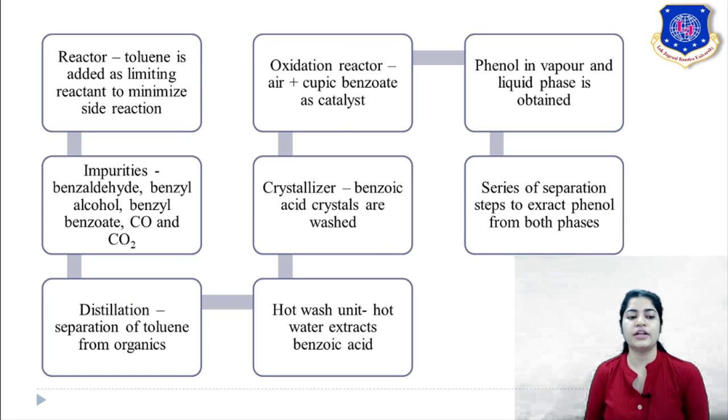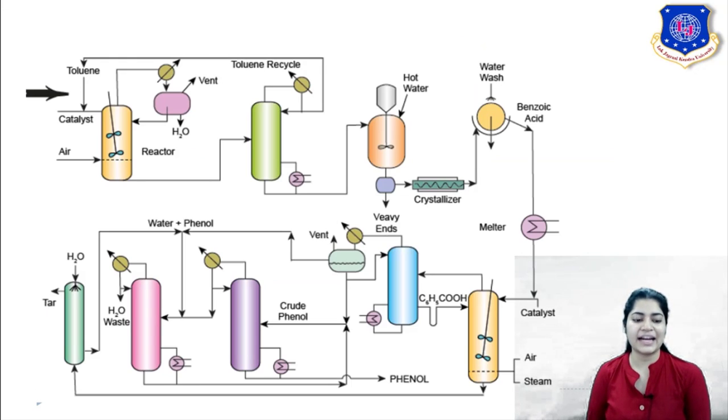First of all, in your reactor, you're keeping toluene as the limiting reactant so as to minimize the side reactions. Limiting reactant means when your reaction proceeds, toluene will get exhausted first, right? So here you can see in the reactor you're feeding your air, toluene and catalyst.